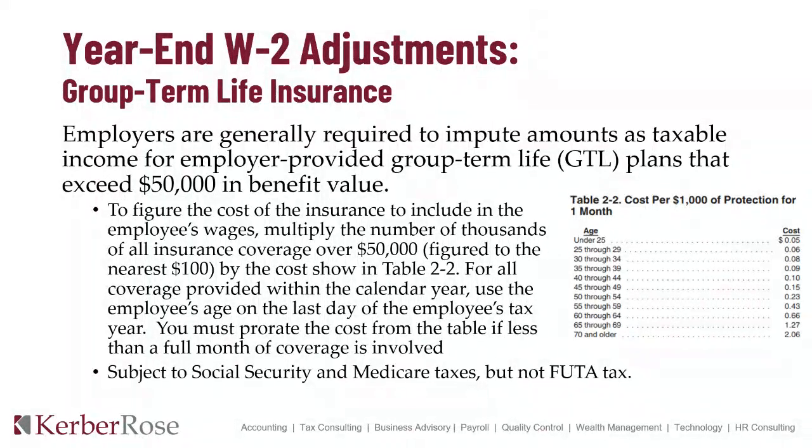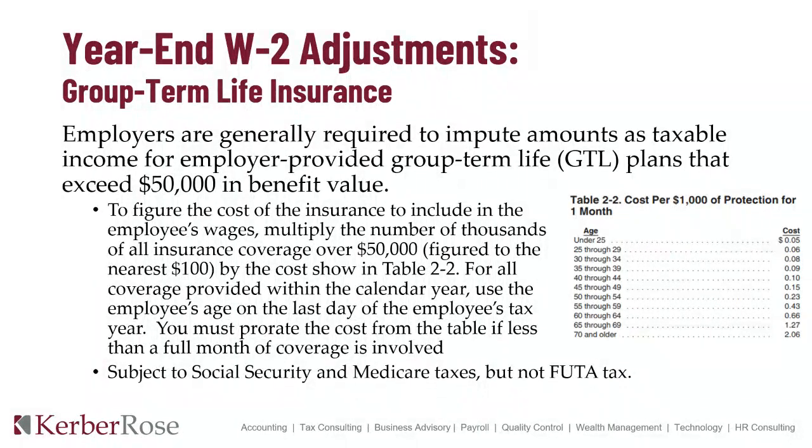Another common W-2 adjustment is the group term life insurance. Employers are generally required to impute amounts as taxable income for employer provided group term life plans that exceed $50,000 in benefit value. So again, this is part of a group term plan.